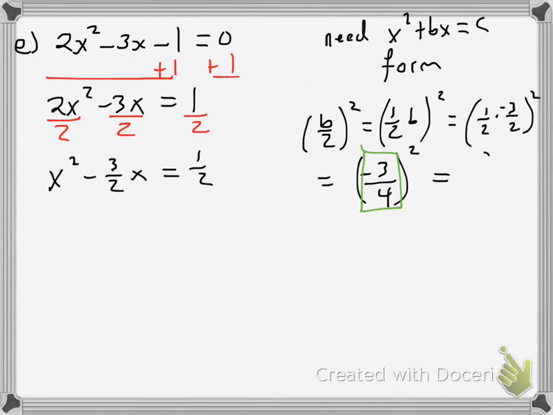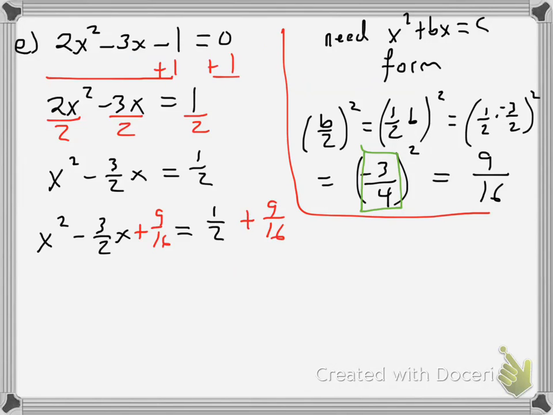What we're going to add to both sides is 9 over 16. So we're going to add that to both sides of our equation here. Anything we do to one side, we have to do to the other. We'll do a little bit of side work here.